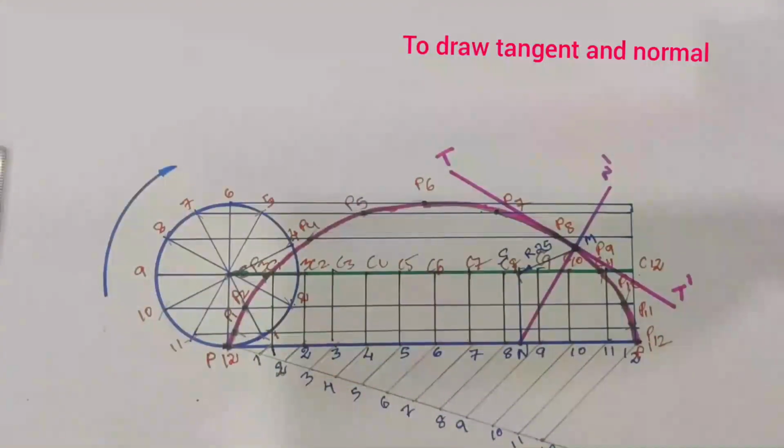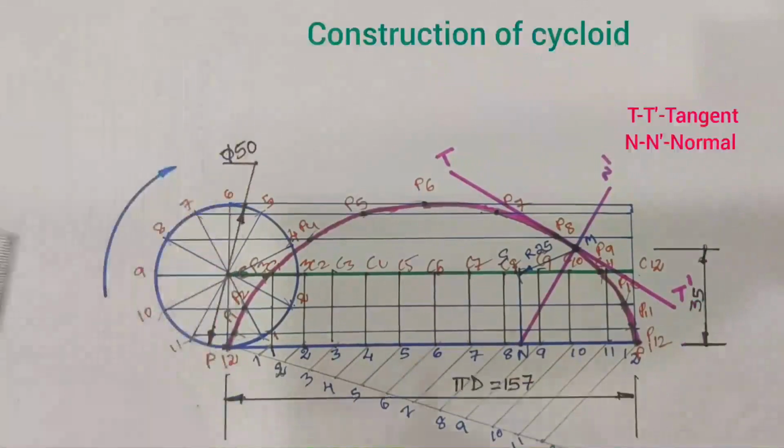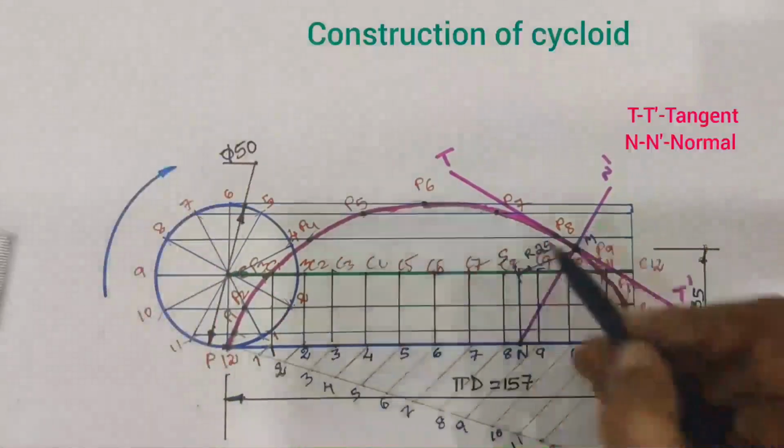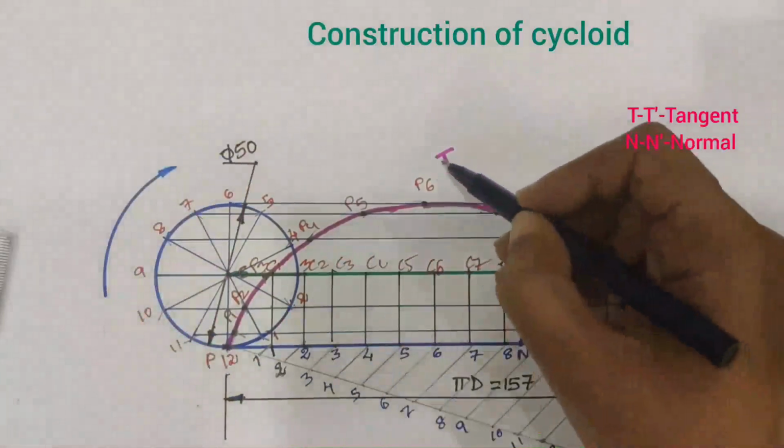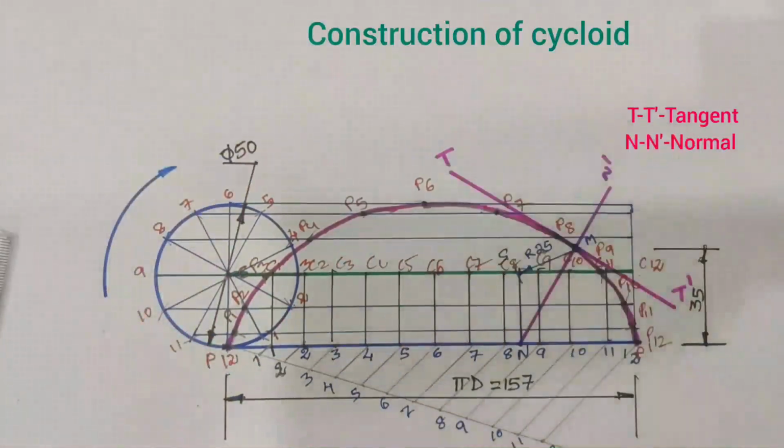Now we'll do the dimensioning. Here, this curve and normal N dash, tangent T dash are to be with H pencil, construction lines are to be with 3H pencil, and dimensioning is with 2H pencil. That's about the construction of cycloidal curve and drawing normal and tangent to the cycloidal curve.